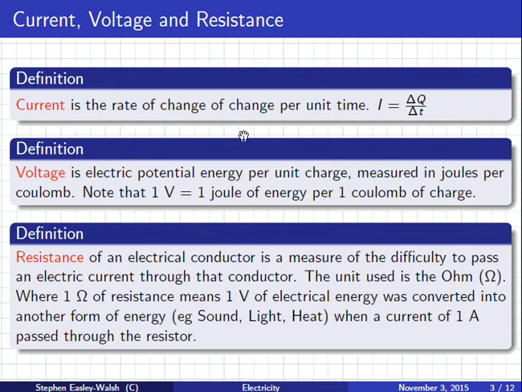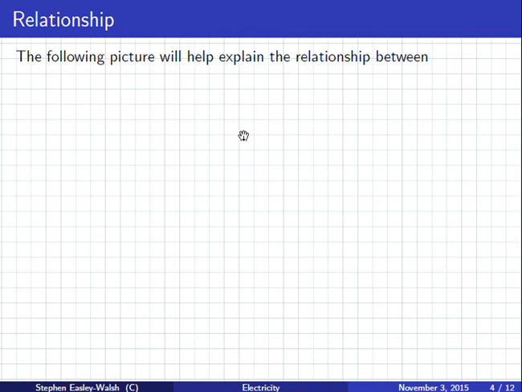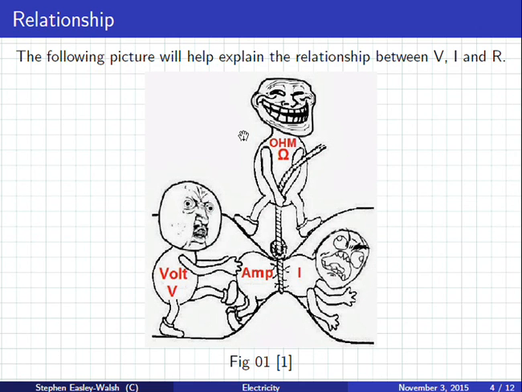So you want your resistance to be small for the current to easily go through. Current to travel, yeah. Now, the unit we use for resistance is called the ohm.